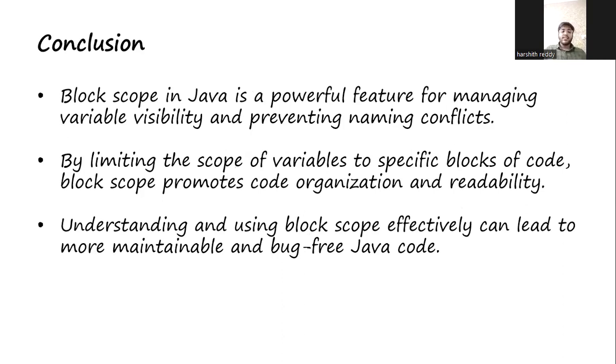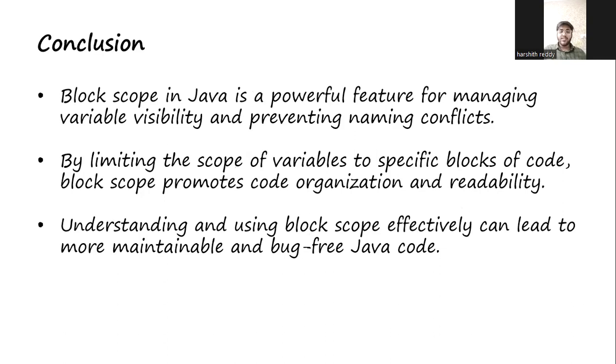This is the final conclusion of block scope. Block scope in Java is a powerful feature for managing variable visibility and preventing naming conflicts. It plays a major role in the Java language.